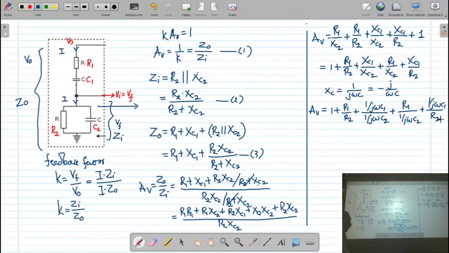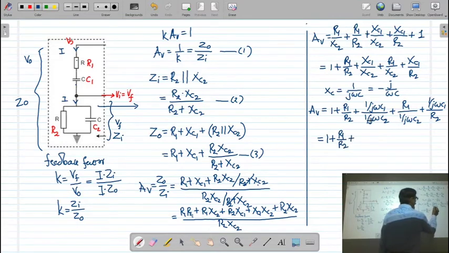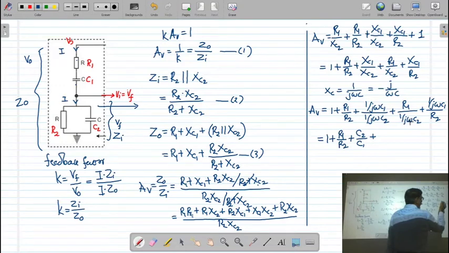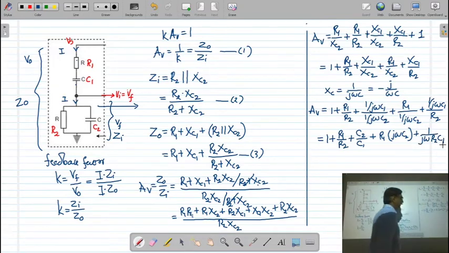So we are now writing this voltage gain in terms of frequency, and that's why we introduce XC equal to 1 upon j omega C. This expression comes out to be 1 plus R1 by R2, then the j omega cancels and you get C2 by C1, then R1 into j omega C2, and 1 upon j omega R2 C1.